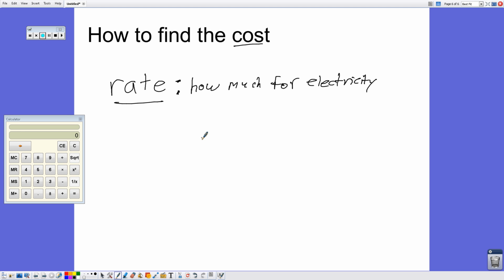We're going to ignore all that. We don't care. We're going to pretend that we're not using a whole lot of electricity. So we're in the lowest tier, which means they're charging us 12 cents for every kilowatt hour that we use. Alright, now this rate could be anything. This is just what we're going to use for today.